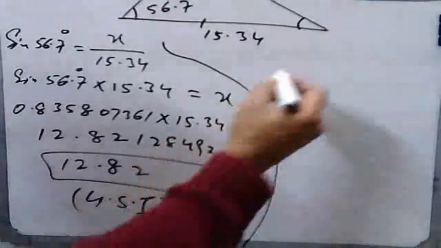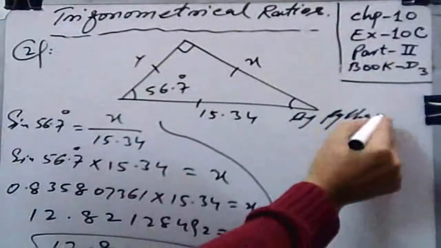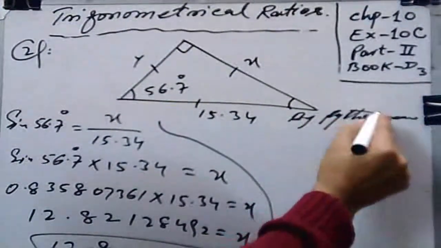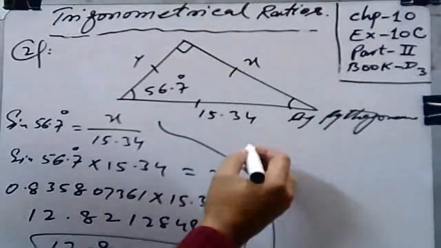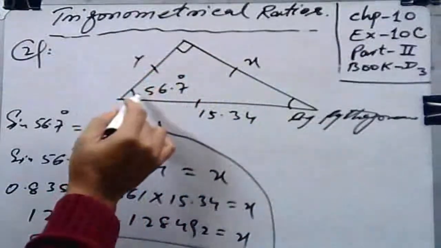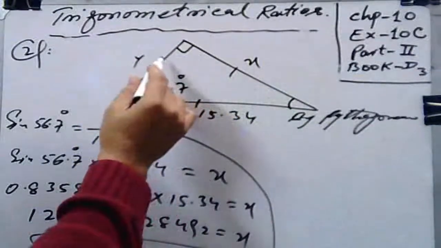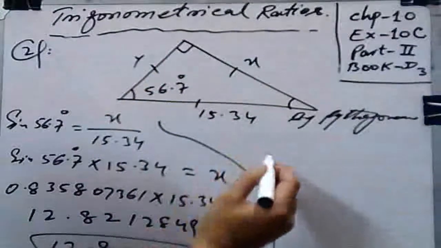So use Pythagorean property. We know that hypotenuse square, so when you take this angle, it means that is your perpendicular, that is your adjacent base, and that is your hypotenuse.